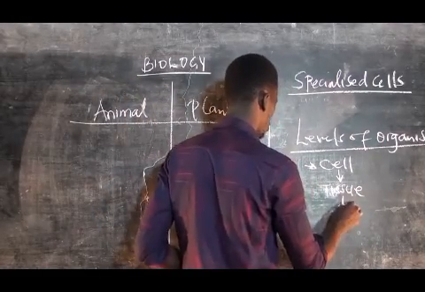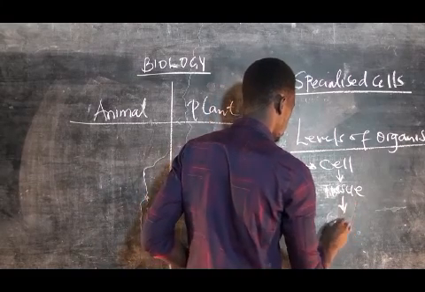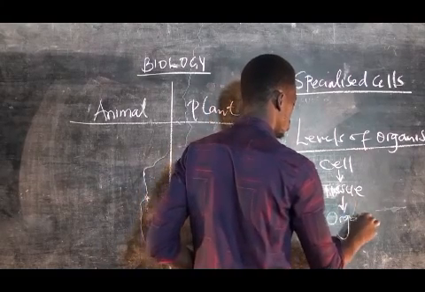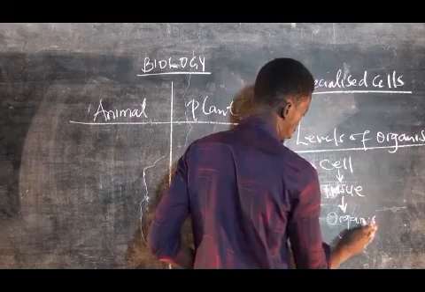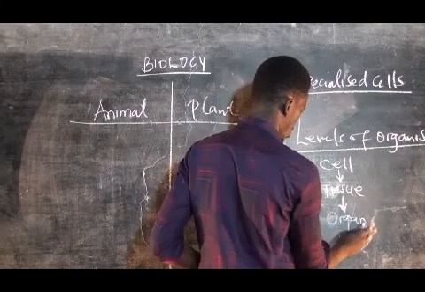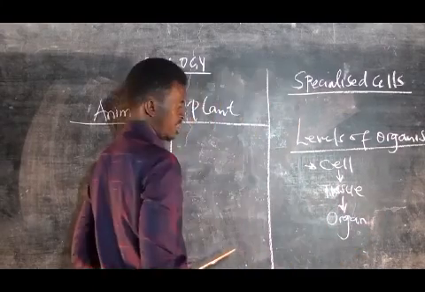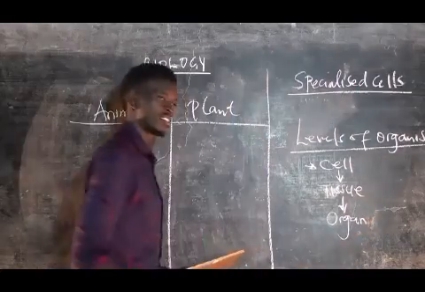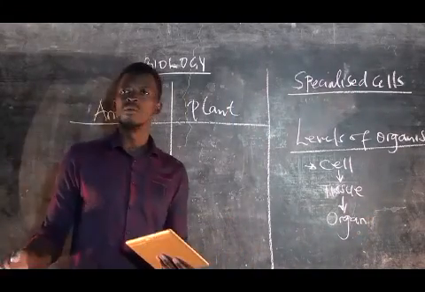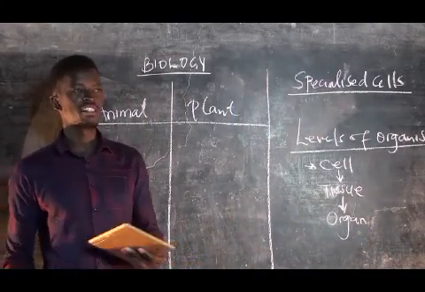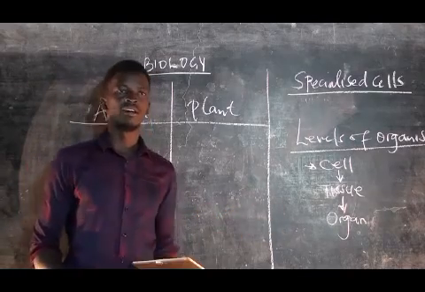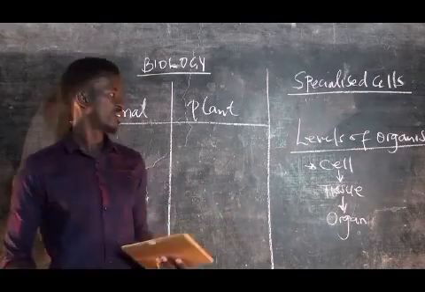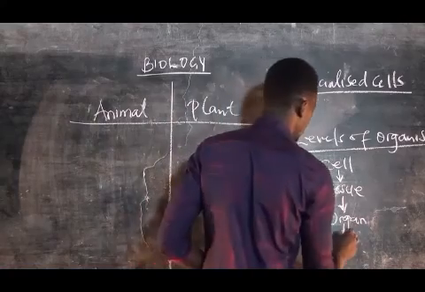If you have several tissues performing the same function, you're going to have an organ. Then if you have several organs, like say the pancreas is an organ, the liver is an organ, and so forth, you're going to form an organ system.